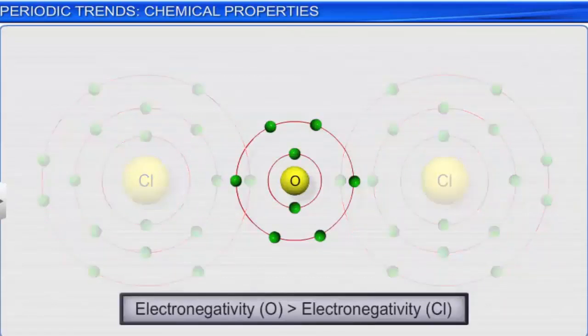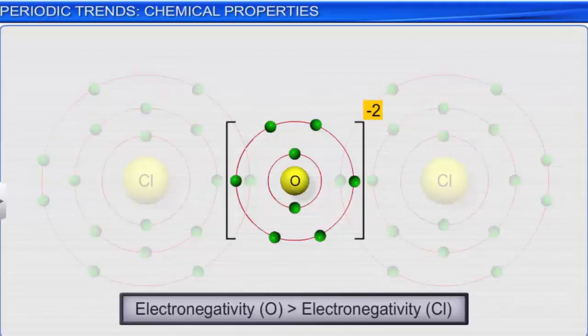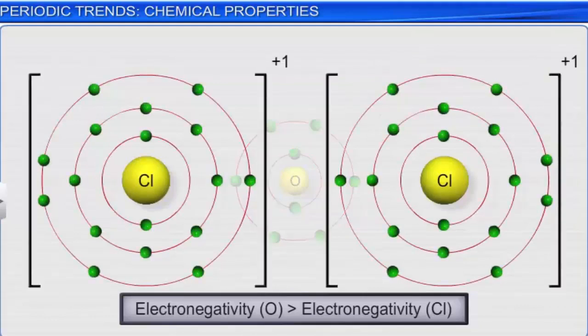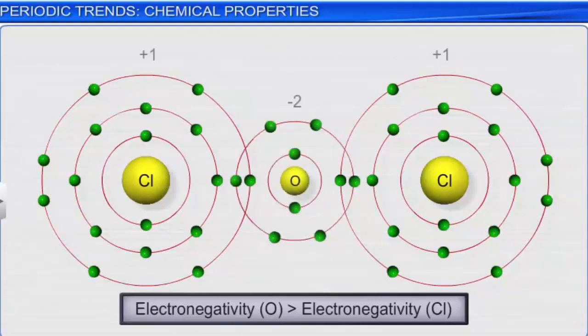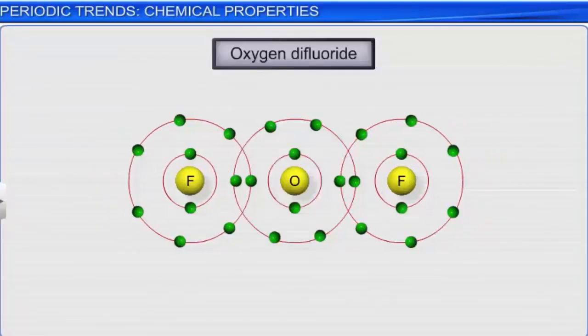Therefore, the oxygen atom shows an oxidation state of -2, whereas the two chlorine atoms show an oxidation state of +1 each. Now, let's take the case of oxygen difluoride.